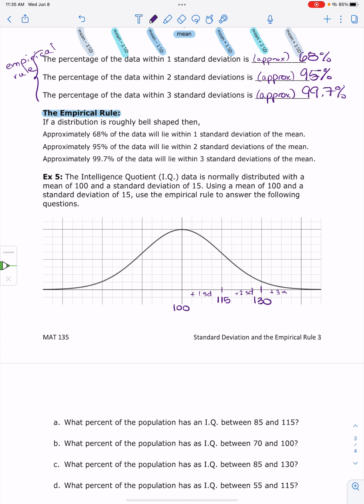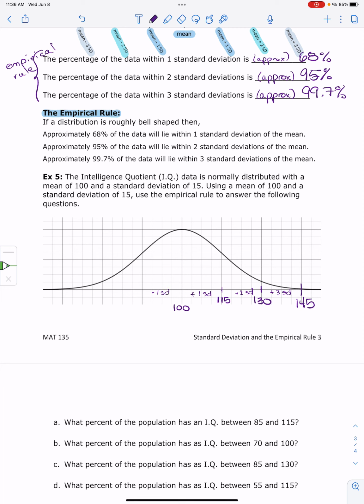And then 3 standard deviations above, 130 plus 15 gets me to 145. Okay? Remember that we still have parts of the population with an IQ higher than 145, but that is 0.15% of the population.